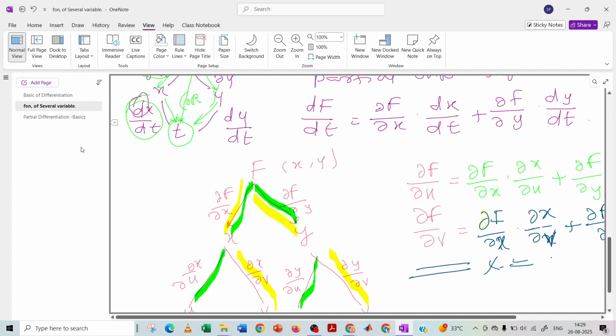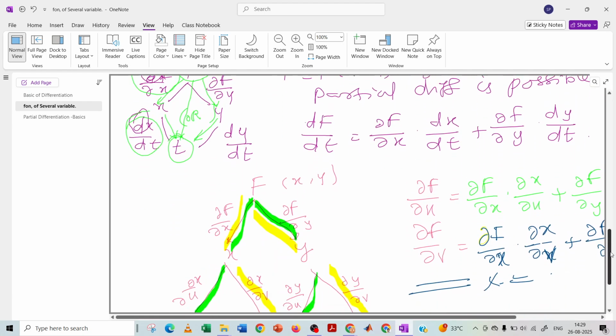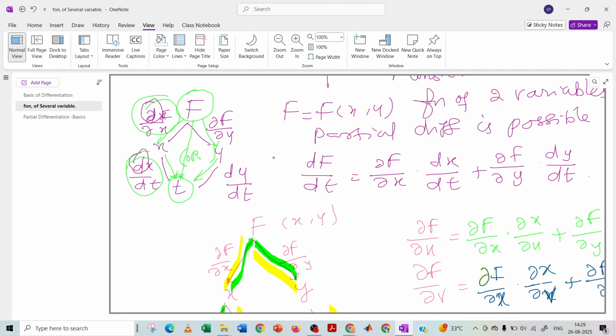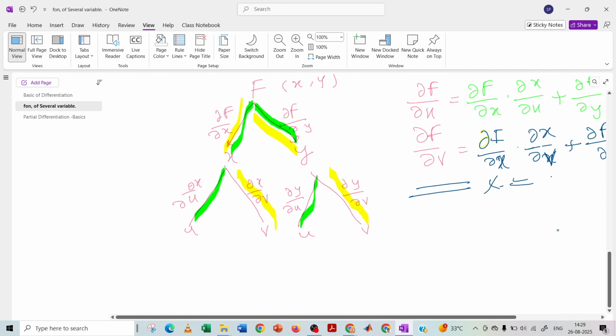As I told, if it is a function of only one variable, first we have done that df by dt. In case it is a function of two variables, then how can we do this? If these two concepts are very clear, then you can solve any problem in functions of several variables.